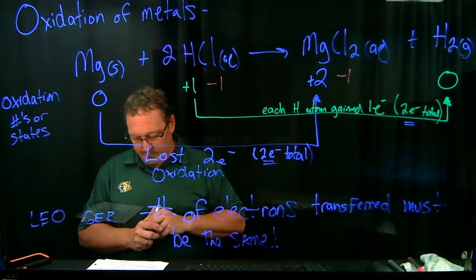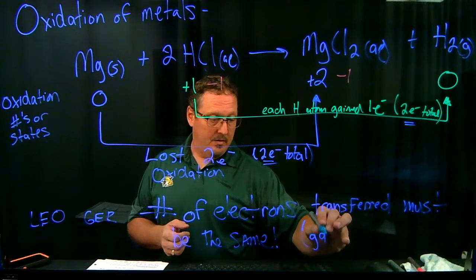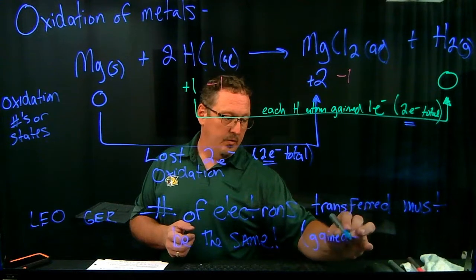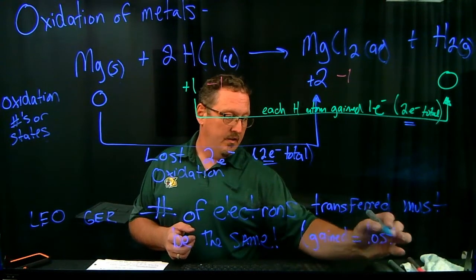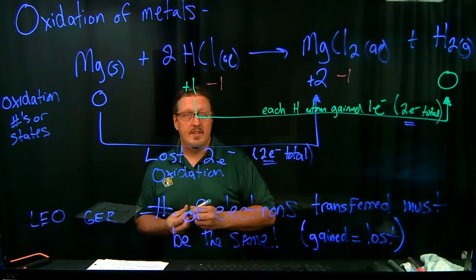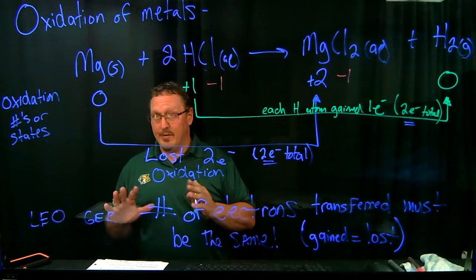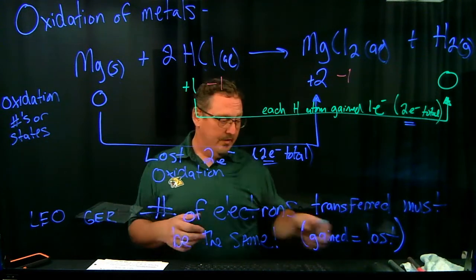Okay? So the number of electrons gained has to equal the number of electrons lost. Okay? So we're going to work our way through what that means, and we're going to talk about how that works in just a second. But for right now, that's how that's going to go.